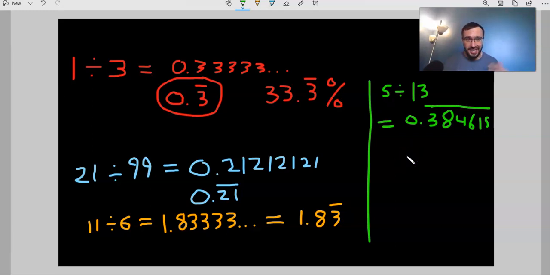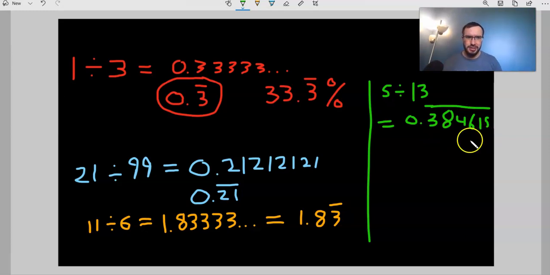So in my calculator, if I do 5 divided by 13, I end up with 0.384615, and it looks random. But then after that 5, you notice, if your calculator can handle this sort of calculation, after the 5, you'll see that the pattern actually starts to repeat again. So even though this is 6 digits, it actually still ends up being a pattern.